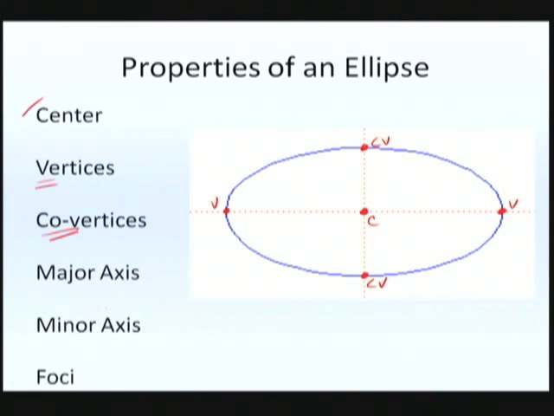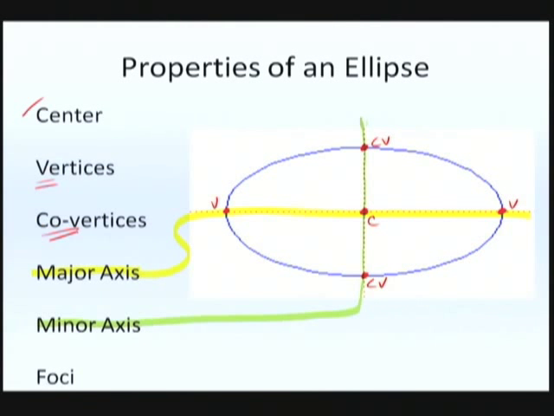And then, like we were talking about the axis, well, the major axis is, obviously, the major one, the big one. And that major axis has the vertices on it. It also has another important point on it called the foci, which we'll talk about in a couple minutes. Then you've got the minor axis, which is the small one that has the co-vertices on it.